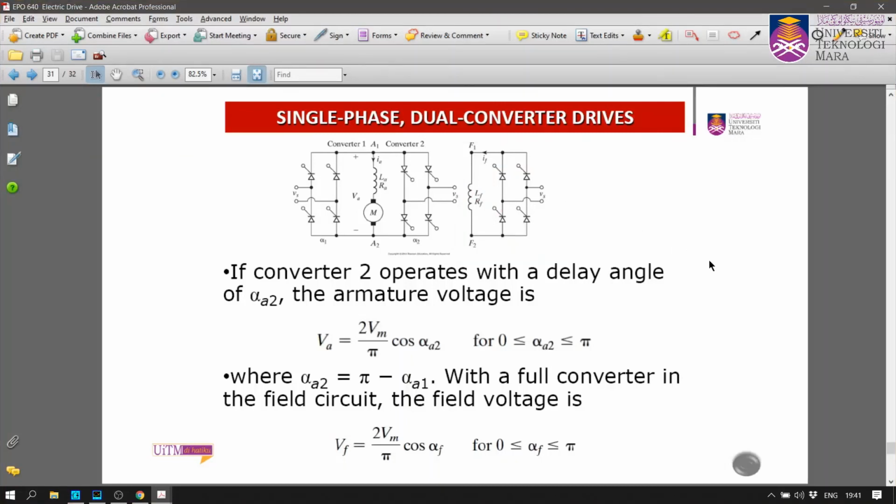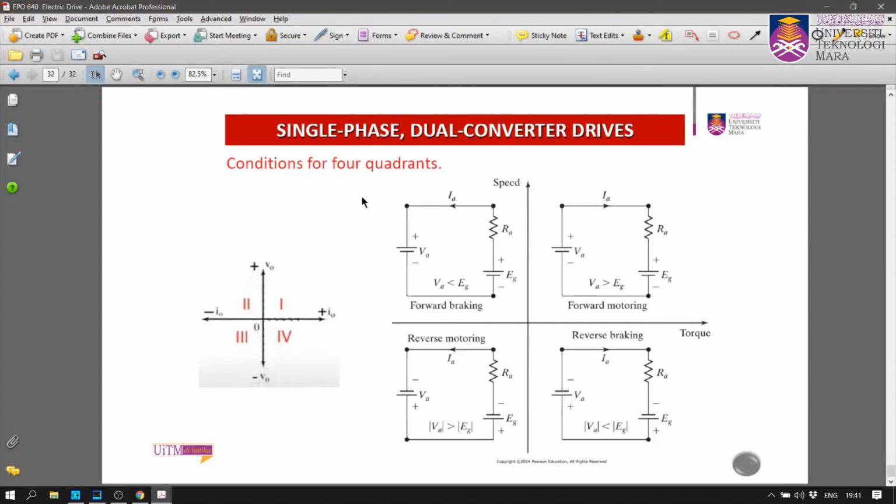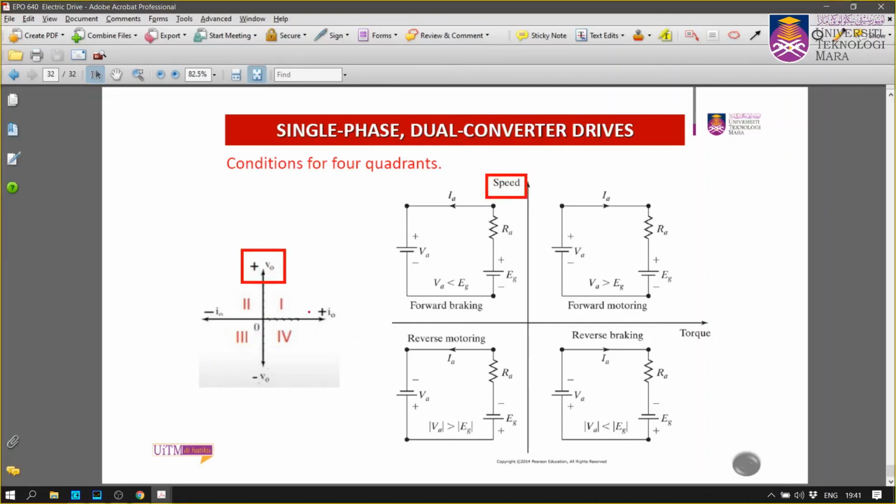Okay, and last but not least, again, the condition for 4 quadrants. So you can have peak torque, and also you can compare with voltage and current. V out, I out. So that is also 1, 2, 3, 4. They are the same. So you have V out, speed, I out, and torque.